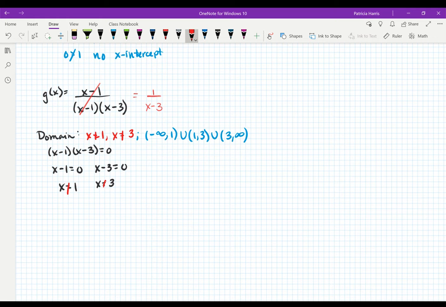But now, instead of a vertical asymptote, it becomes what we call a removable discontinuity or a hole. That's H-O-L-E.